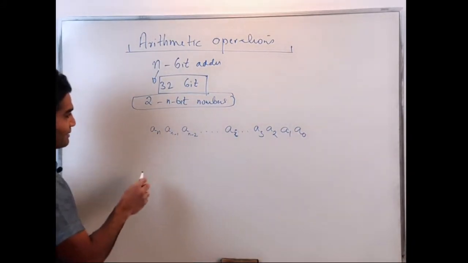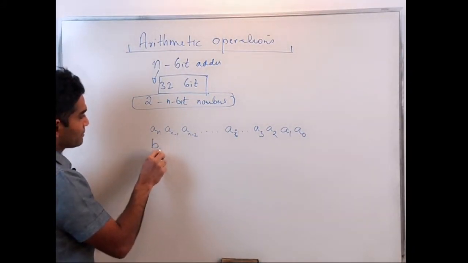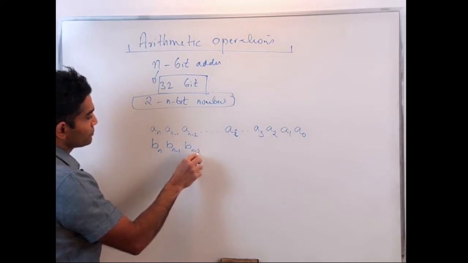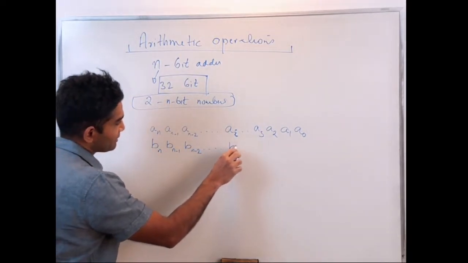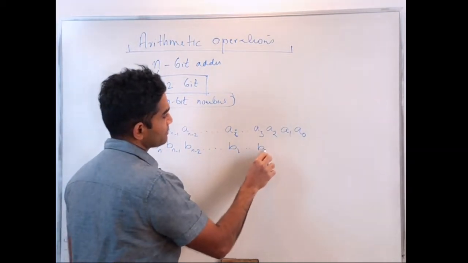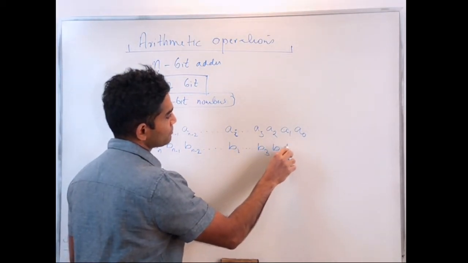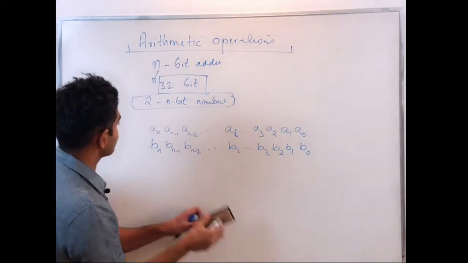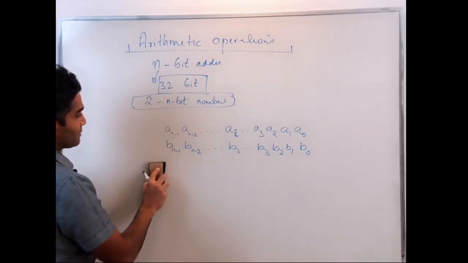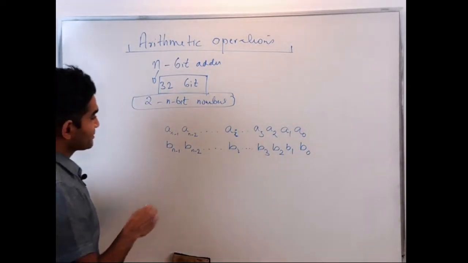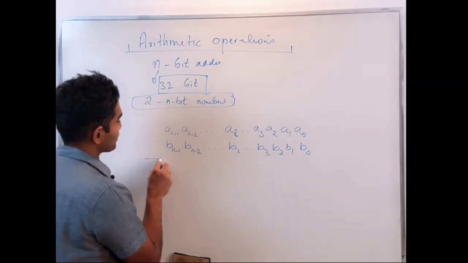And then I'm trying to add that to bn minus 1, bn minus 2, then bi is my intermediate bit position, then we have b3, b2, b1, b0. So 0 to n minus 1, that's n total number of bits. I'm trying to add these 2 numbers together.